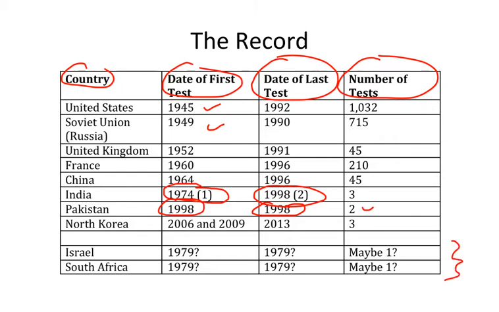Israel and South Africa may have tested a weapon in 1979, and there's some debate about that. There's some uncertainty, and I'll talk about that later in this segment. So this is our record overall, and if you look at the number of tests, we can see that the overwhelming majority were conducted by the United States and the Soviet Union, although France did conduct 210 tests of its own.